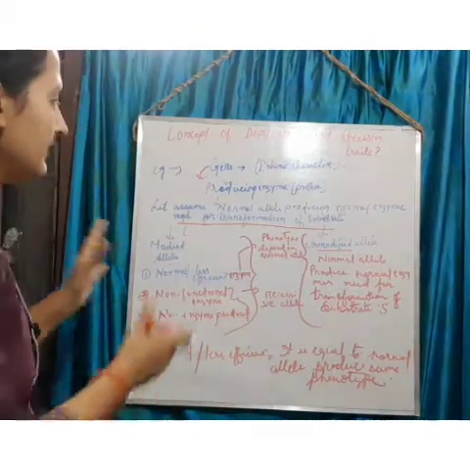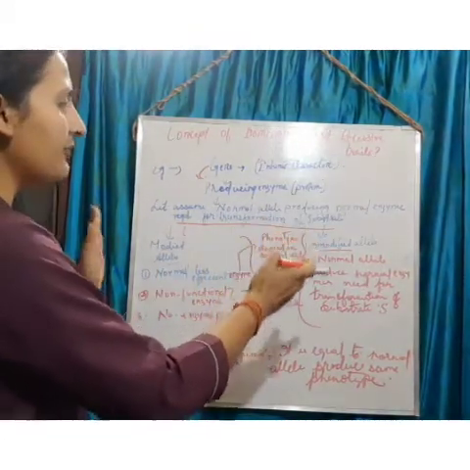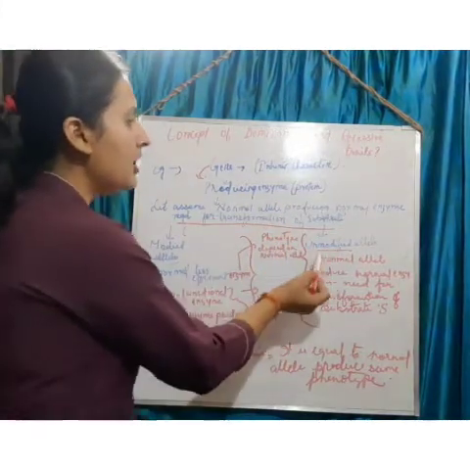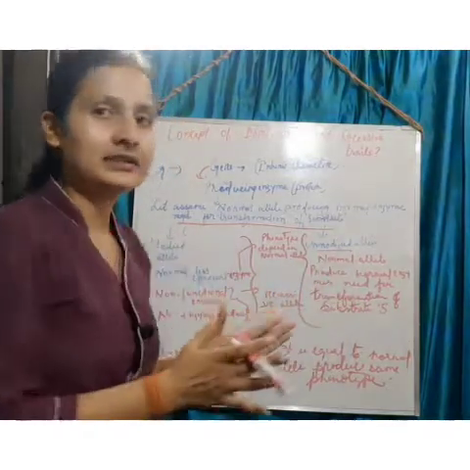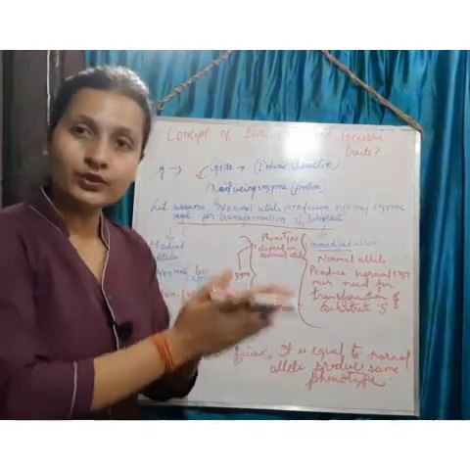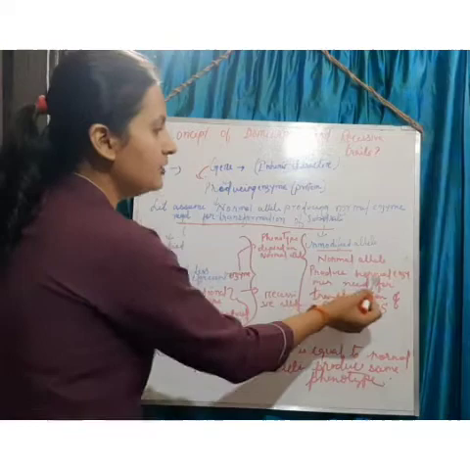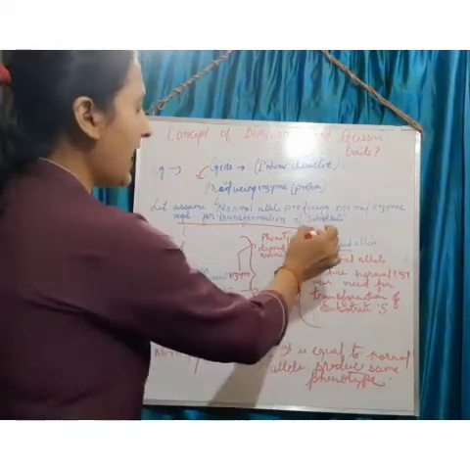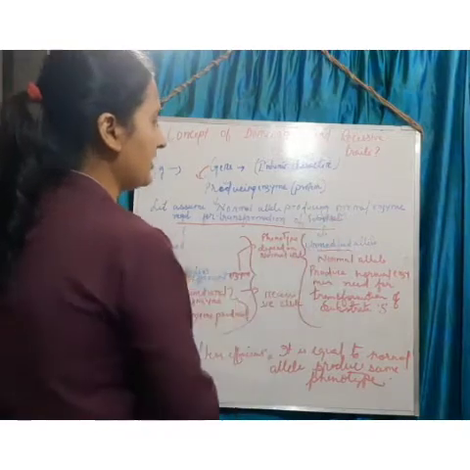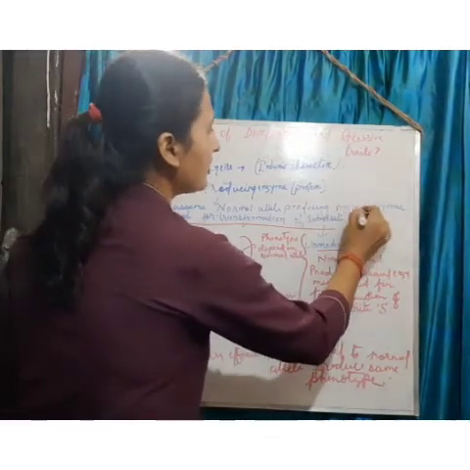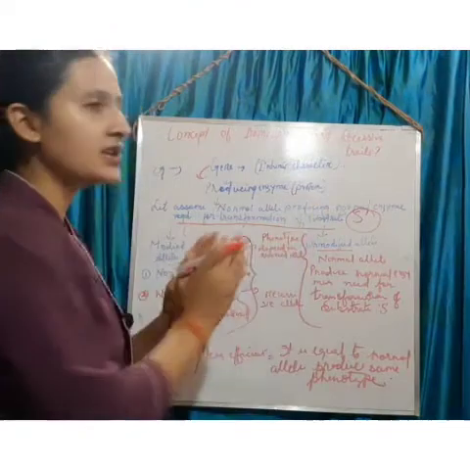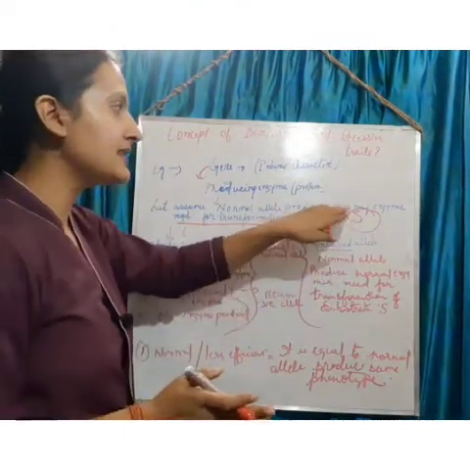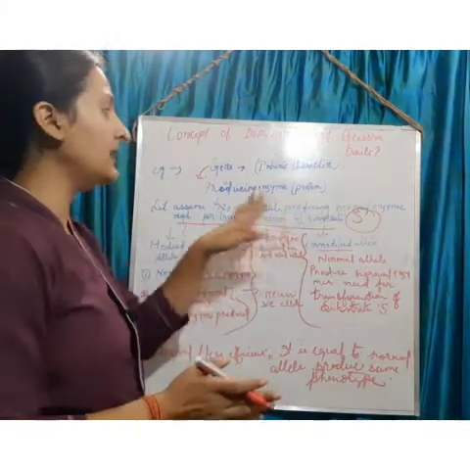So what happened? These two alleles have some effect. They produce some enzyme. The unmodified alleles are the normal alleles. They are the original ones, and they produce normal enzymes needed for transformation of substrate S. Now I have said that the substrate S requires an enzyme for transformation, and that is carried by the normal allele.